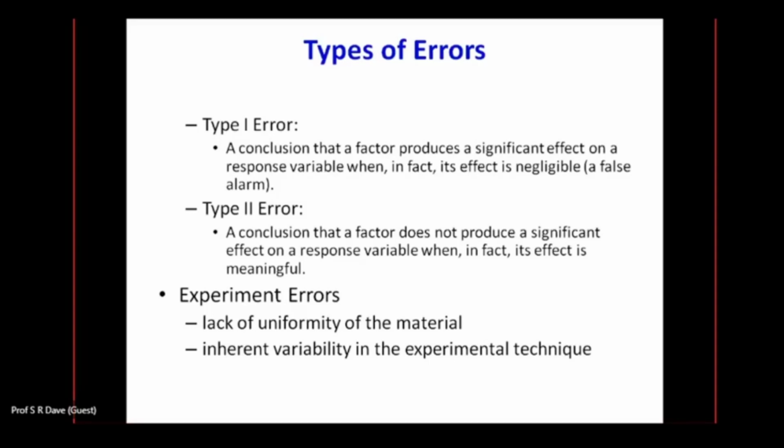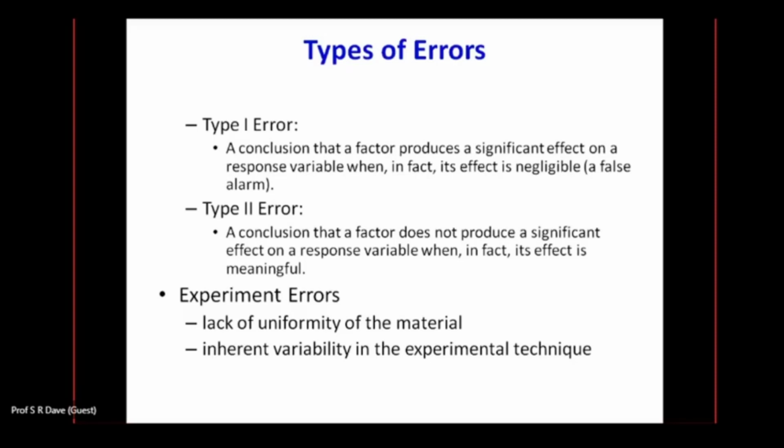So that is the first error. When the effect is negligible, yet we consider that the factor produces significant effects, it is one error, or we can say a false alarm.